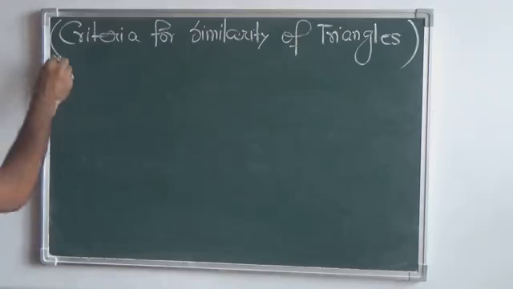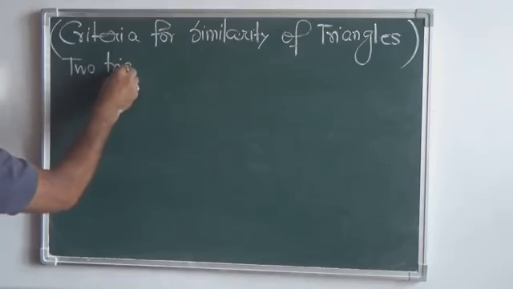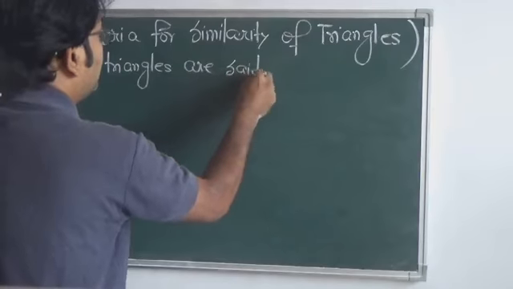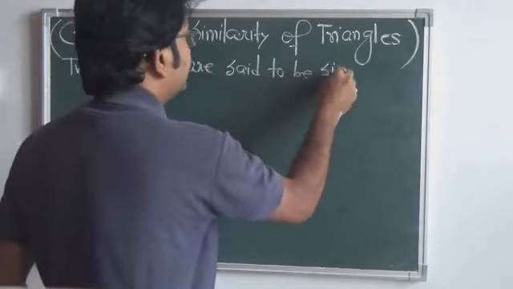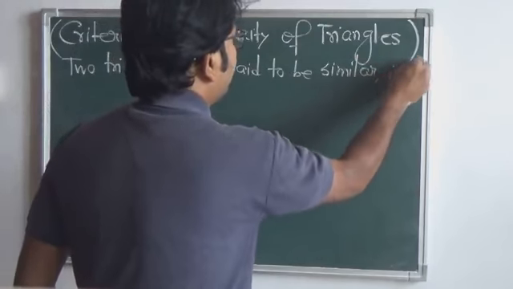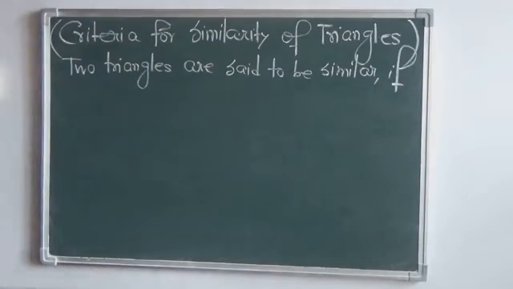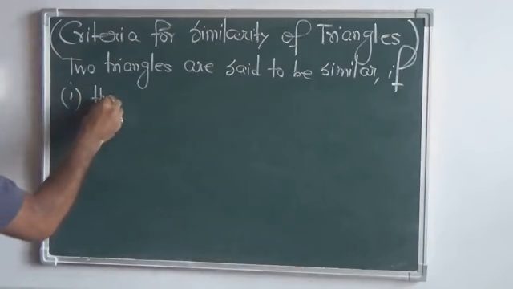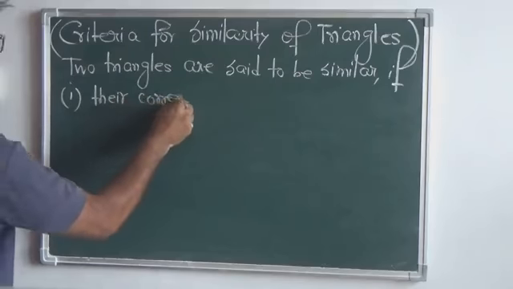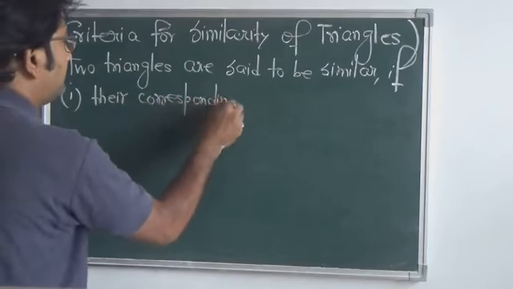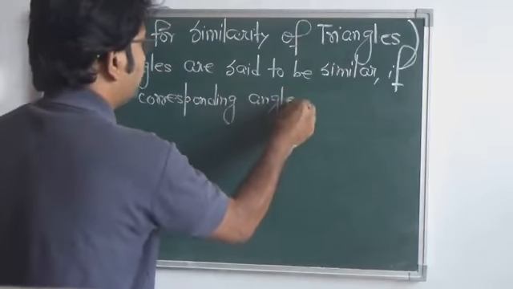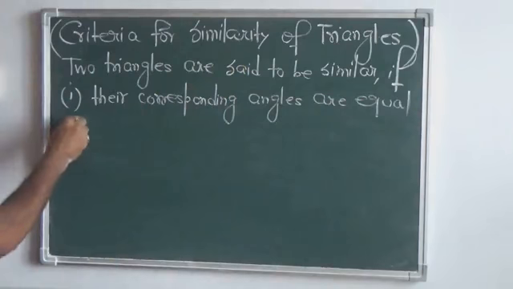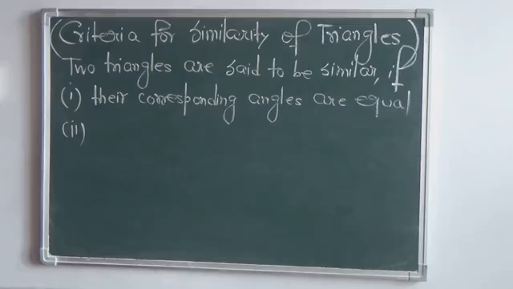So you can write, two triangles are said to be similar if number one, their corresponding angles are equal, and number two, their corresponding sides are in proportion.